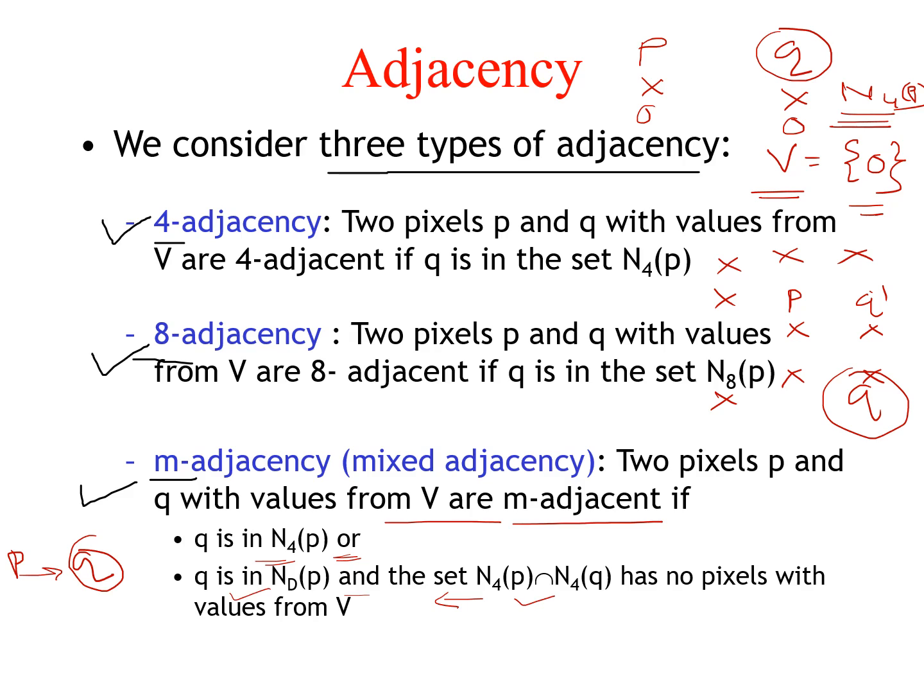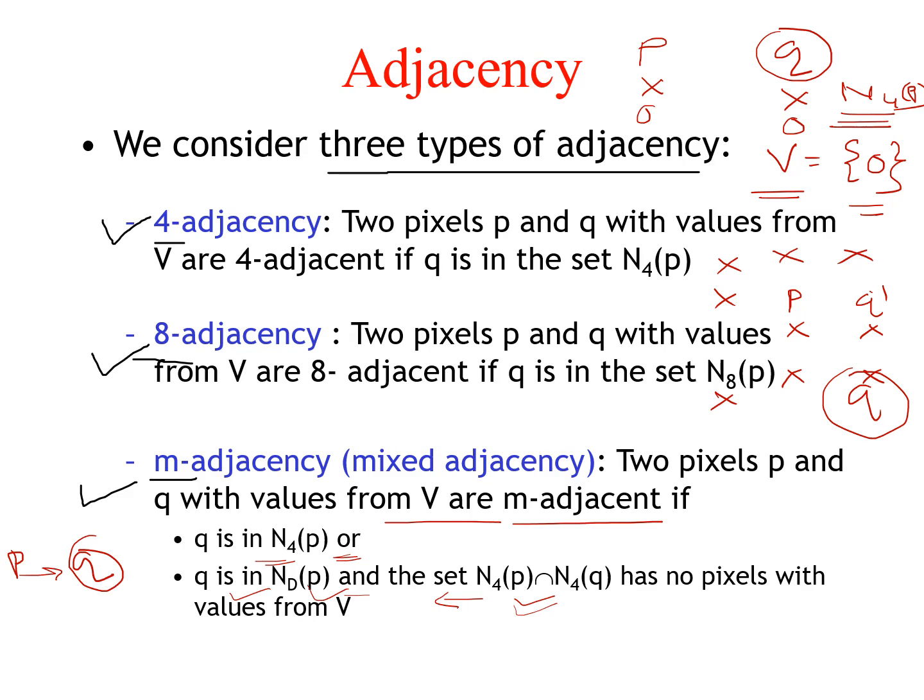And the intersection of the set N4(P) and the set N4(Q) has no pixels with values from V. So there is nothing common between N4(P) and N4(Q). These two conditions should be satisfied, along with this, it should satisfy the set V, then only we can say it's a mixed adjacency.